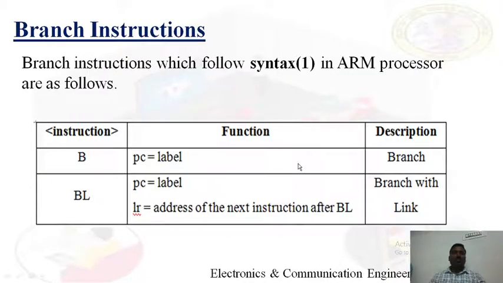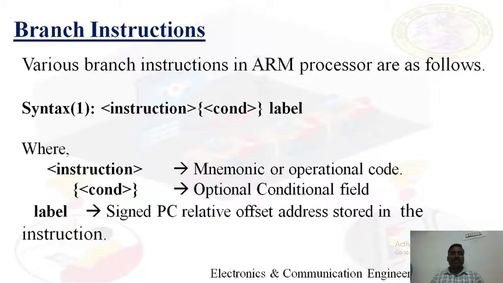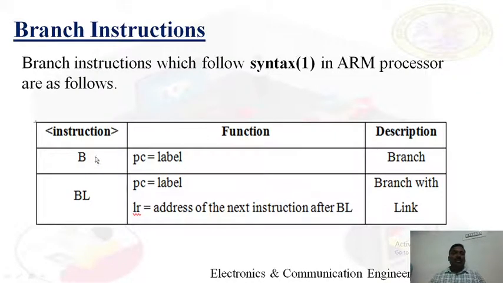We'll move on to the different branch instructions which follow the previous syntax, that is syntax number 1: instruction, conditional and label. Here the instruction may be just a single letter. Remember, this B indicates branch. You can append the conditional field also here, BEQ.